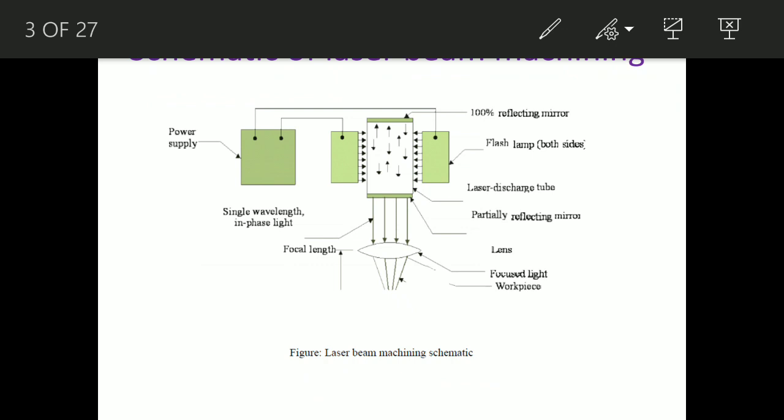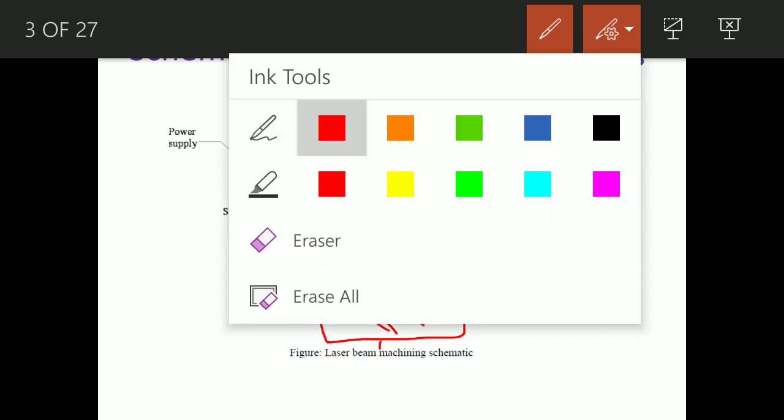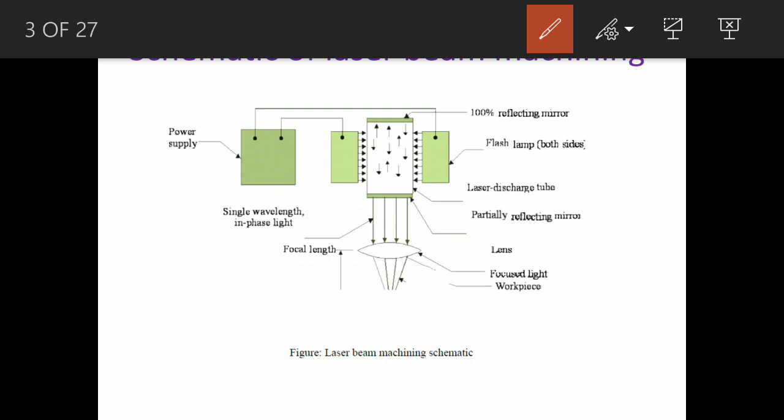Here the workpiece is missing, but it should be somewhere here, and this coherent light will be fusing and vaporizing the material. So this is the schematic of laser beam machining.